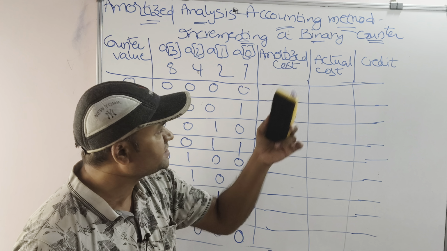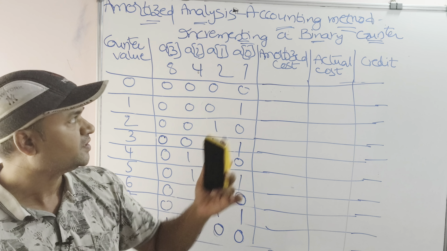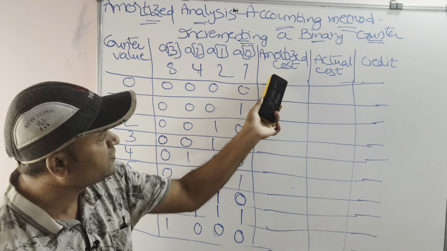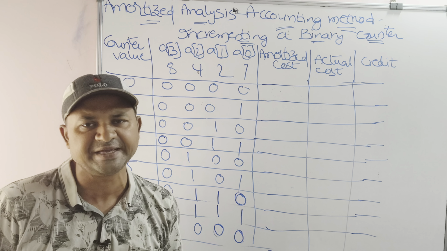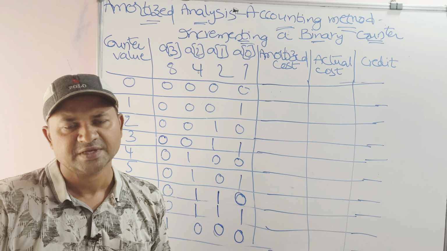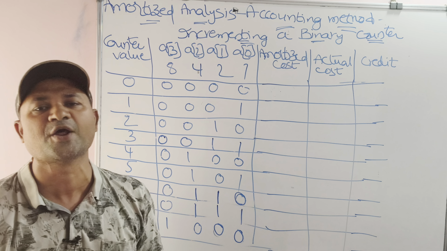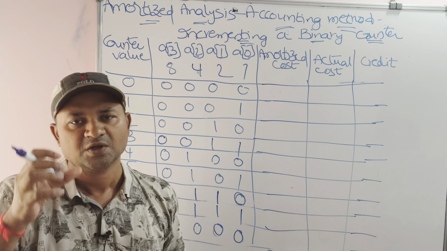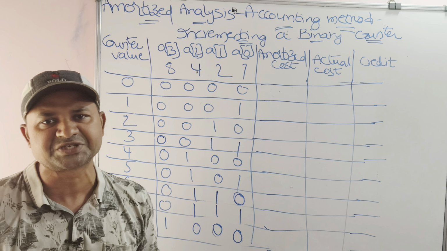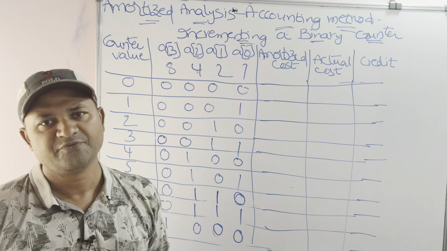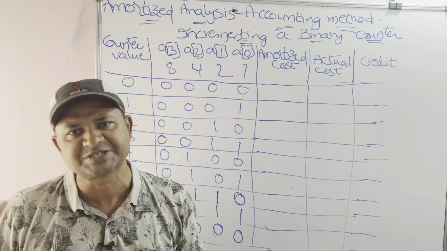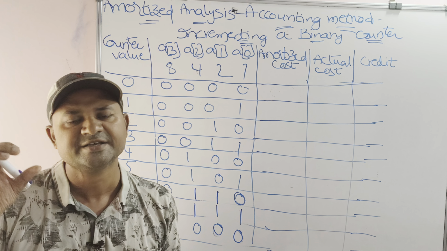Next column represents amortized cost. In accounting method we will use amortized cost. So amortized cost means the cost which we assign to an operation. For some operations we may assign bigger cost, whereas for other operations we may assign small cost.